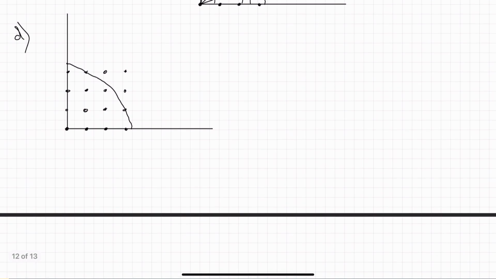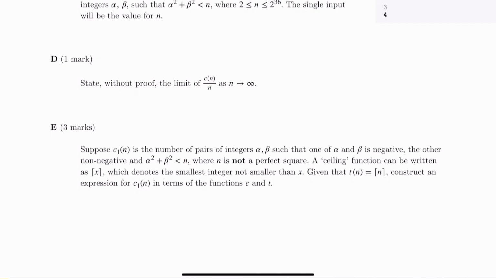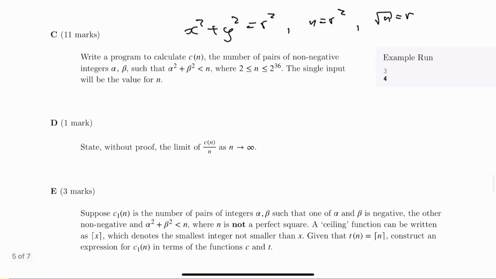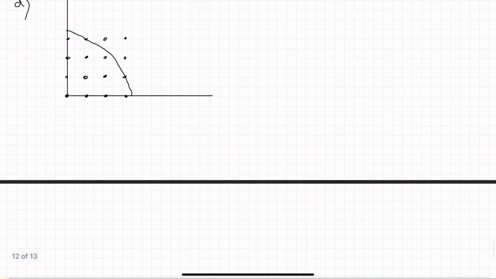First of all, what is C of n? C of n is counting the number of pairs inside of the circle. So if we think about this, we're basically counting the number of boxes inside of the circle.